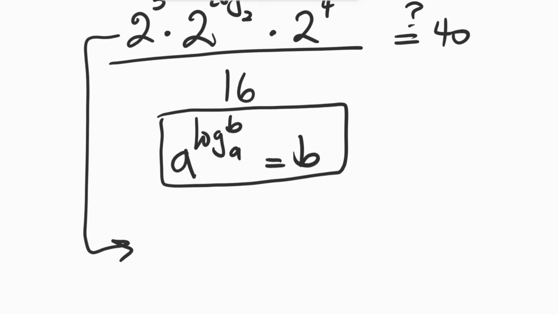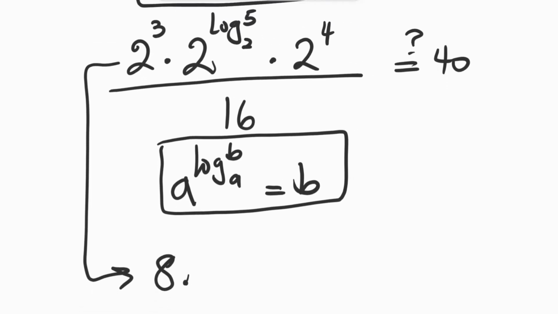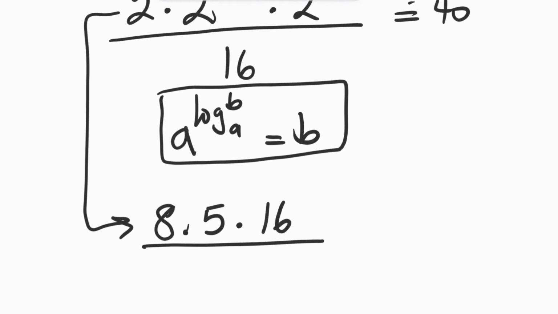So now this becomes 2 raised to power 3, which will give us 8, times 2 raised to power log of 5 base 2, which will give us 5, times 2 raised to power 4, which is 16, divided by 16. 16s will cancel out.